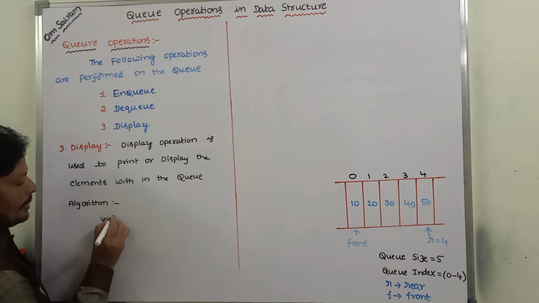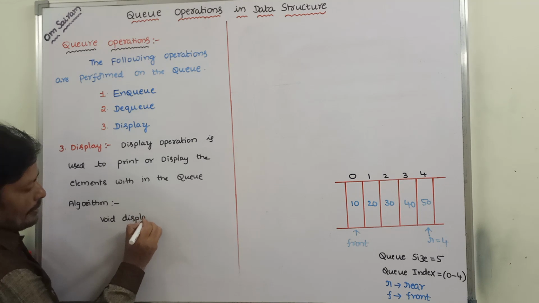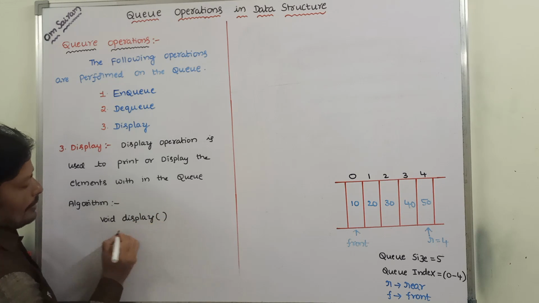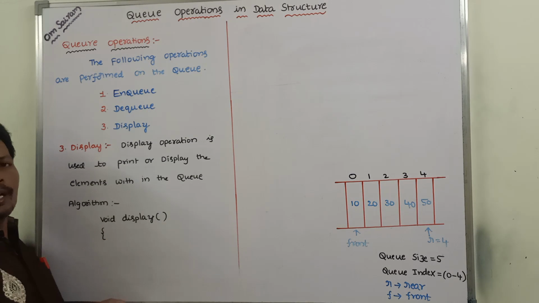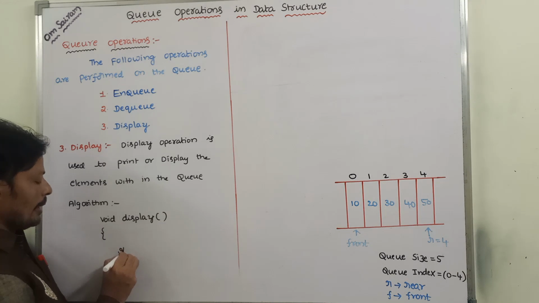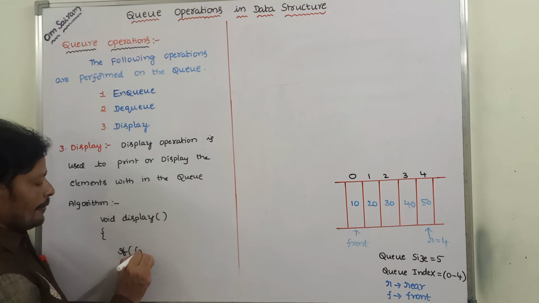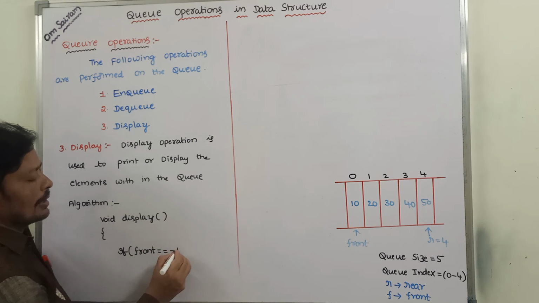Void display. While performing the display operation, first we have to check whether the queue is empty or not. To check whether the queue is empty or not, the condition is if front equal to -1.